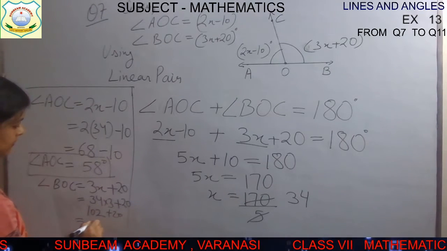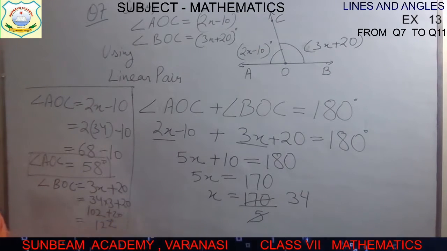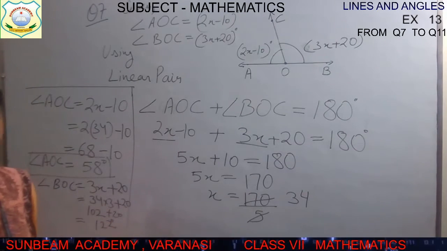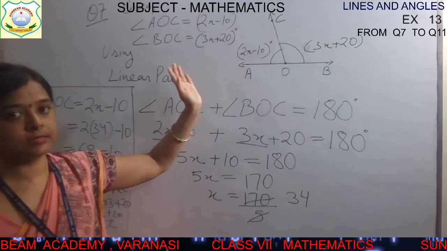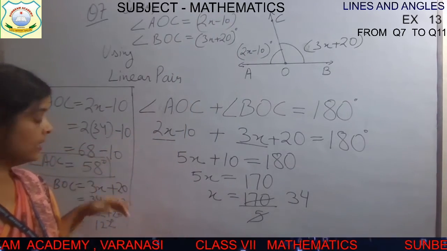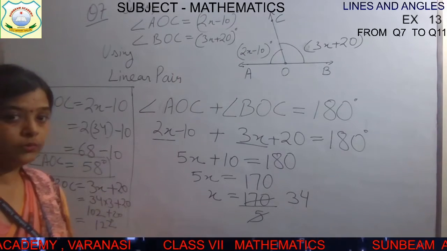So it will become 122 degrees. Hence angle AOC is 58 degrees and angle BOC is 122 degrees.